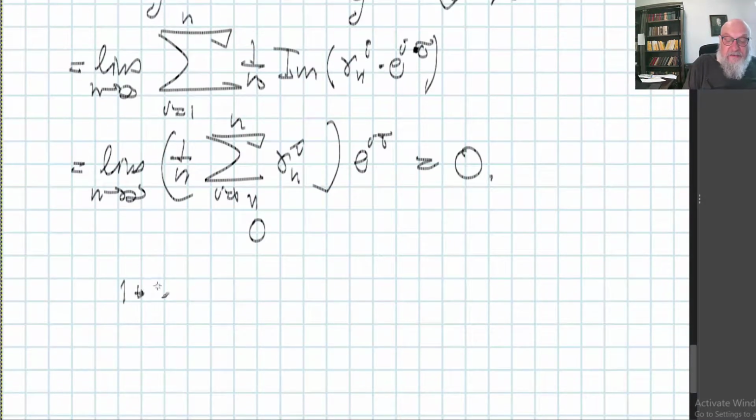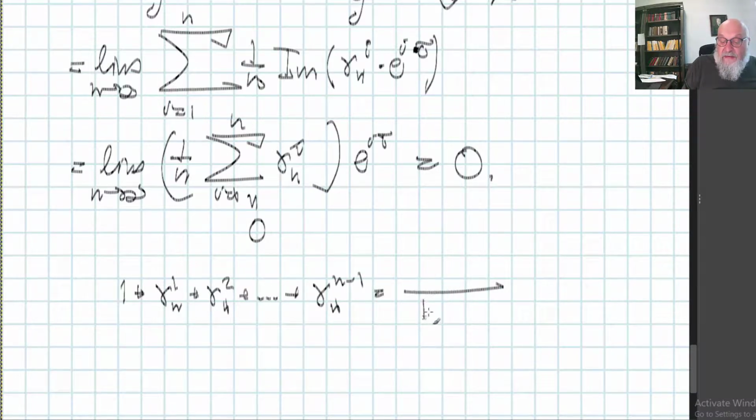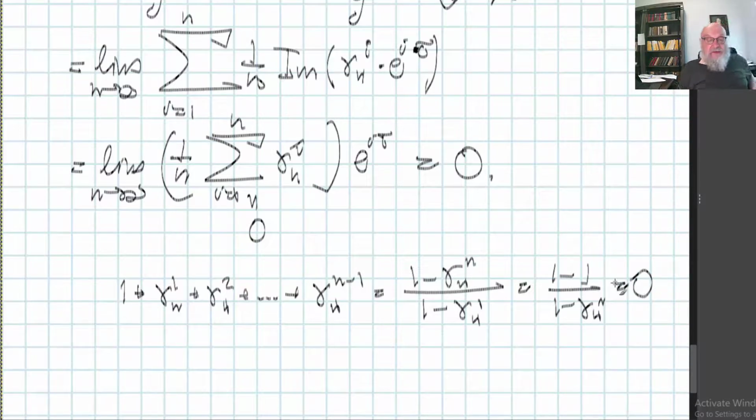So let me write it down. It goes gamma n 1 plus gamma n 2 plus up to gamma n minus 1, that's the last root. So this will be the same as 1 minus gamma n 1 to the power n, which is 1 minus 1, so 1 minus gamma n i is equal to 0.